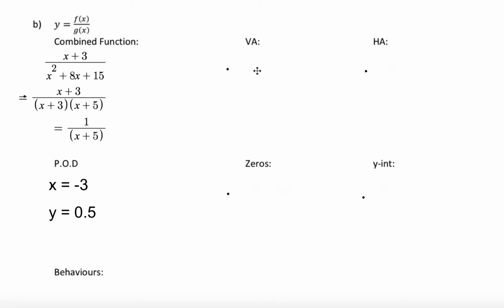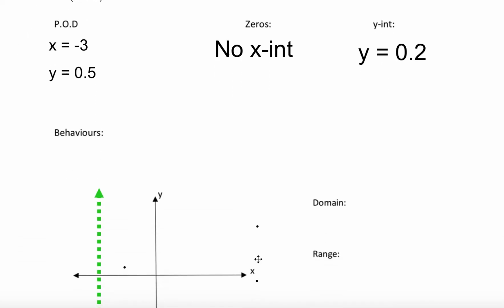Our vertical asymptote is at x equals -5. Our horizontal asymptote would be at y equals 0 because we haven't moved up or down. There are no zeros, no x-intercepts, and our y-intercept is at 0.2 or 1 over 5.